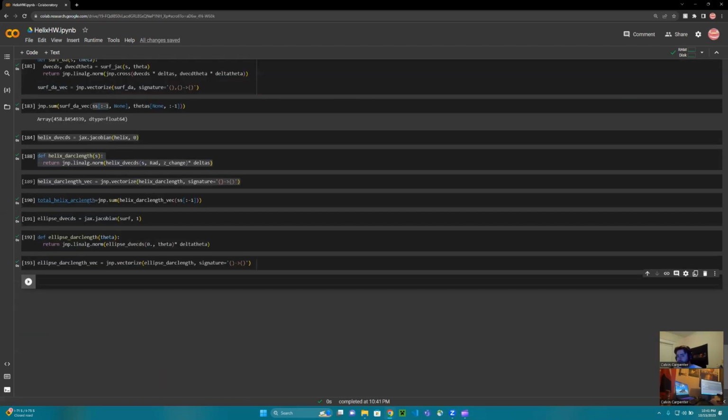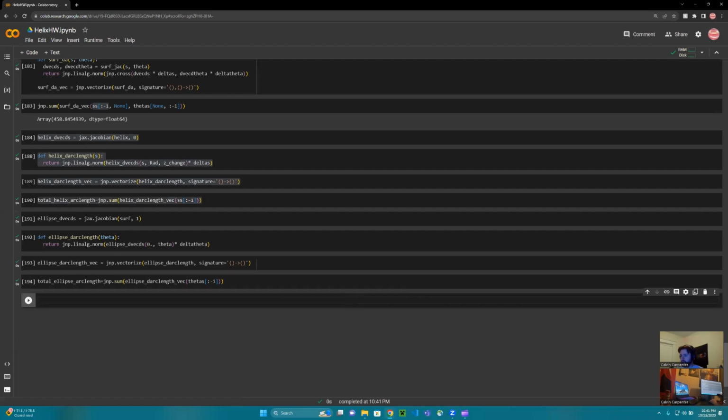Okay, that should do it. Okay, and then one more thing to do our sum. So we're just gonna do the same thing that we did the past two things for the ellipse. Just basically copy everything over from the helix. Change the parameters. Thetas. Okay.